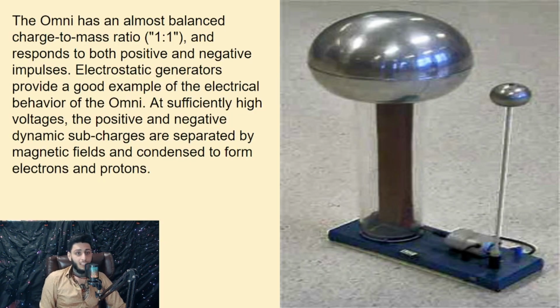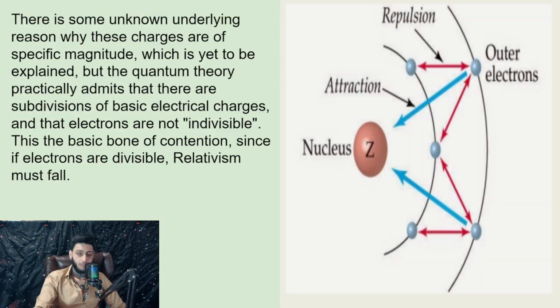The Omni has an almost balanced charge to mass ratio, 1:1, and responds to both positive and negative impulses. Electrostatic generators provide a good example of the electrical behavior of the Omni. At a sufficiently high voltage, the positive and negative dynamic subcharges are separated by magnetic fields and condense to form electrons and protons.